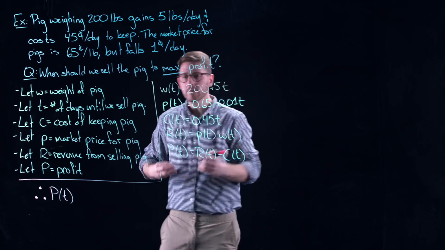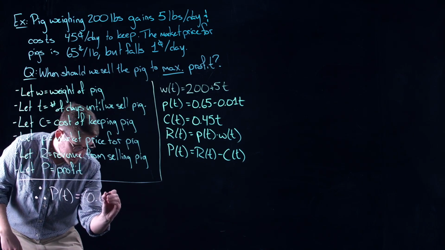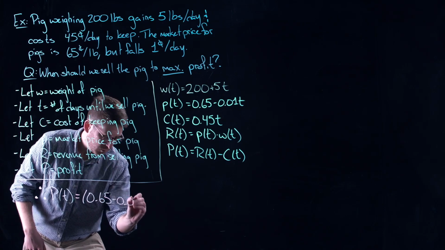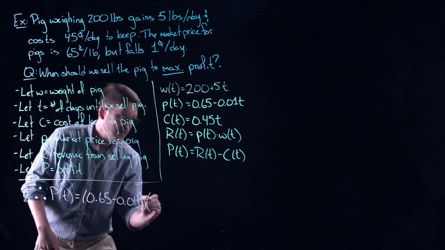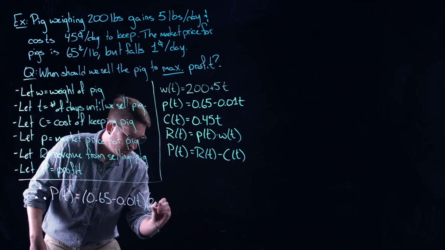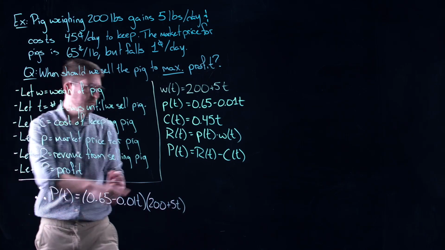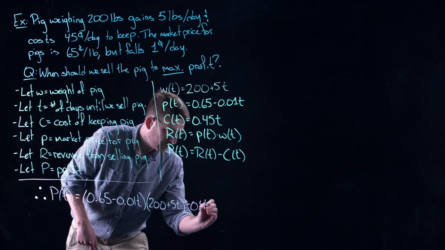We're going to wrap all of this up, and this is going to give me 0.65 minus 0.01t, that's little p of t, times the weight, that's 200 plus 5t, and then minus the cost, which is minus 0.45t.